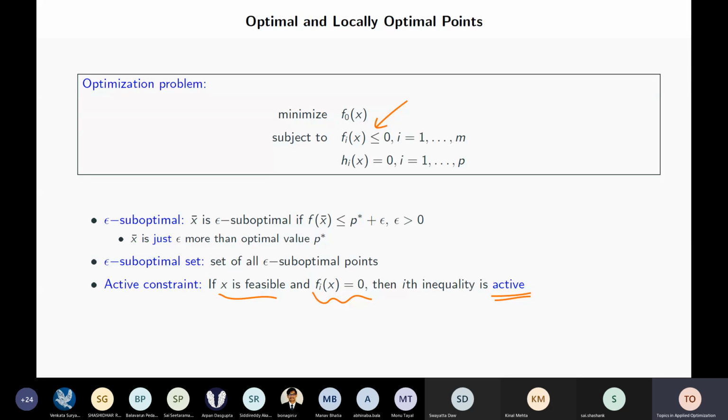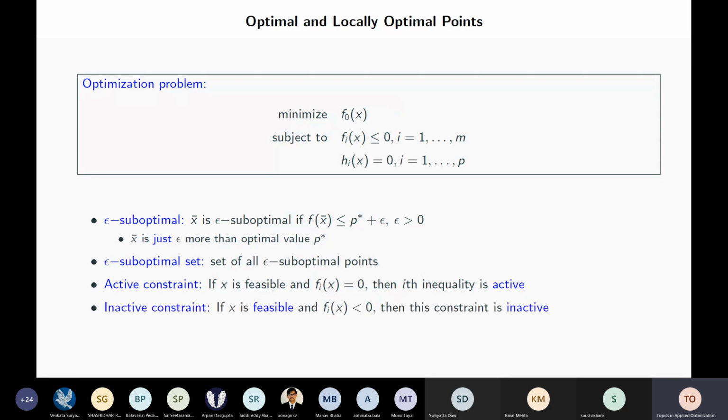There is a geometrical interpretation for this active and inactive. I will do that a bit later, but for the moment we memorize this. An inactive constraint is when it is strictly less than 0. So if x is feasible, we call the ith constraint an inactive constraint if for that x, fi(x) is strictly less than 0, strictly negative.